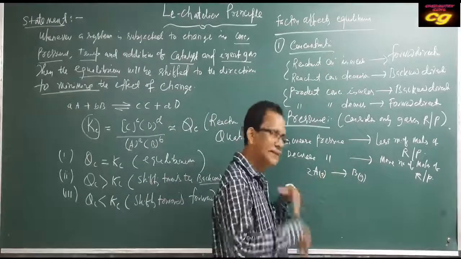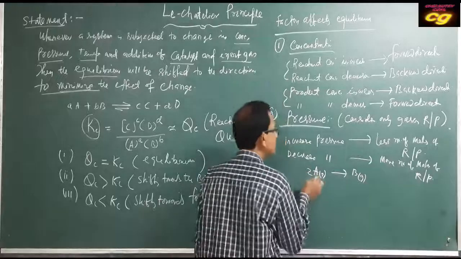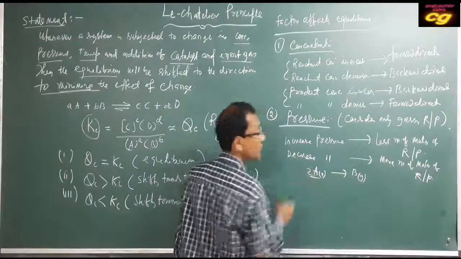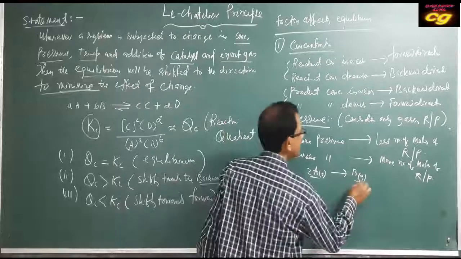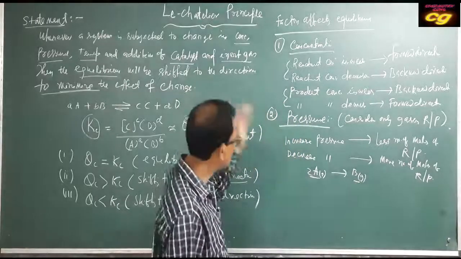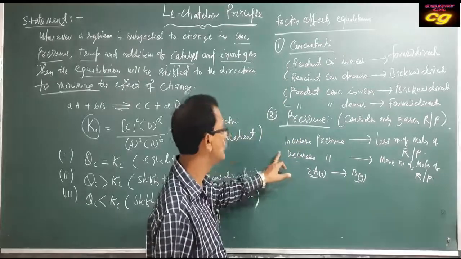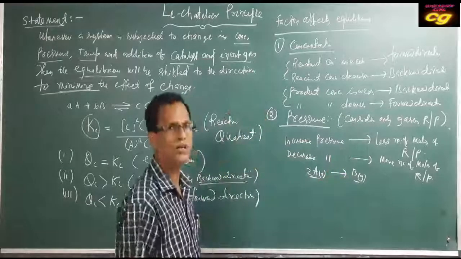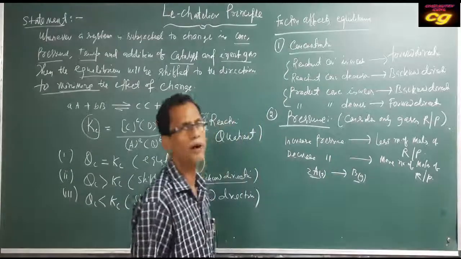That's why by increasing pressure, because this side has more moles and this side has fewer, the equilibrium will shift towards the forward direction, and you will get more amount of B.